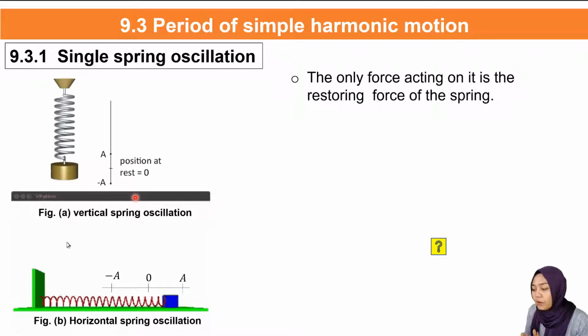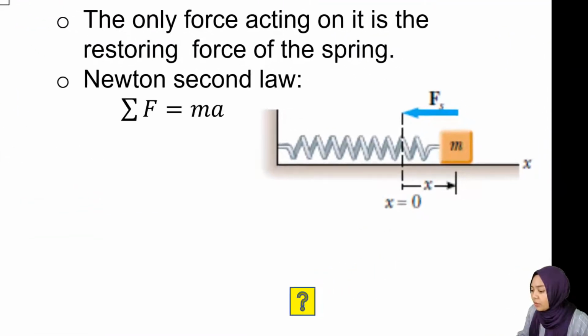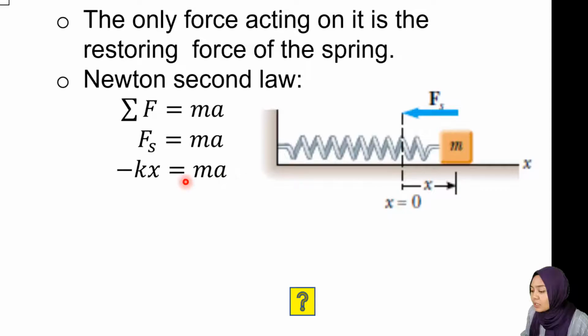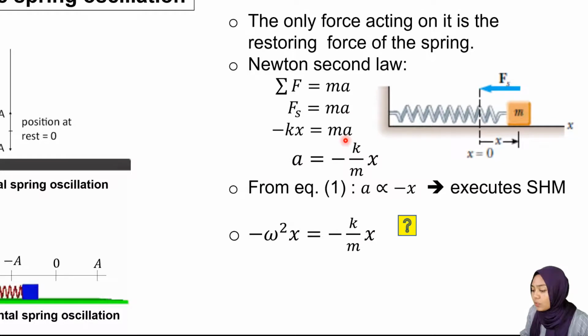The only force acting on this single spring is the restoring force of the spring. So using Newton's second law of motion, F equals ma, and the spring's Hooke's law, which is Fs equals negative kx, we combine these two equations together, rearrange, and add in the very first equation of SHM, which is a equals negative omega squared x.